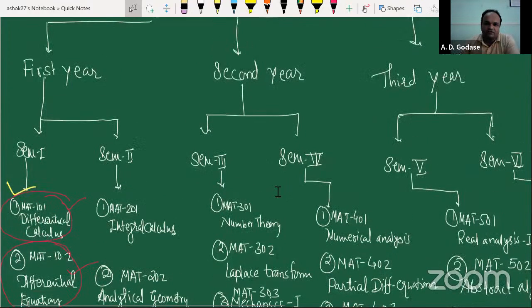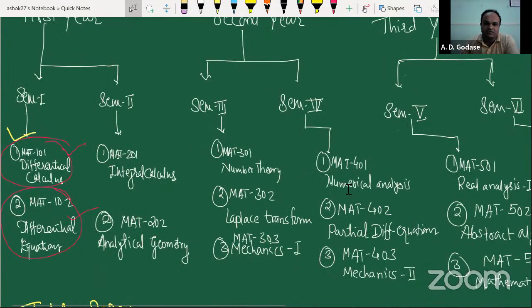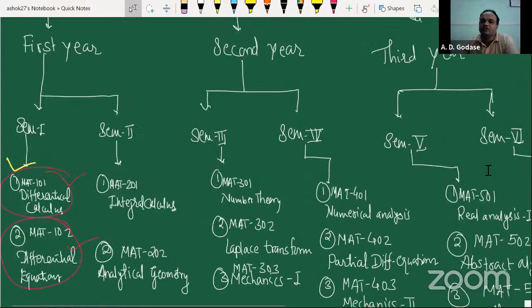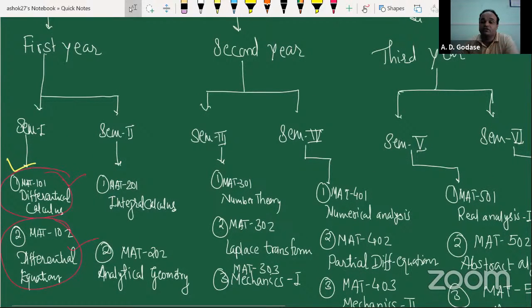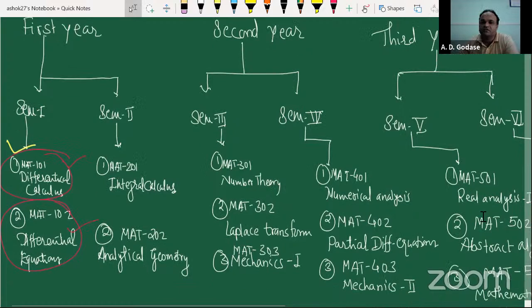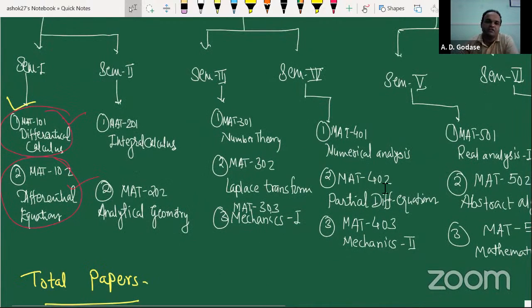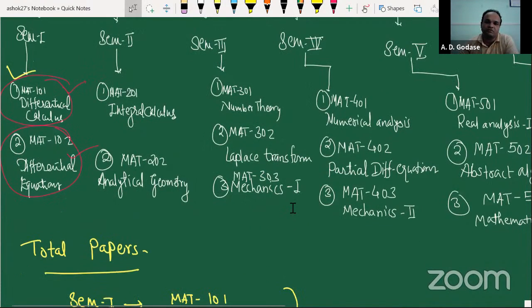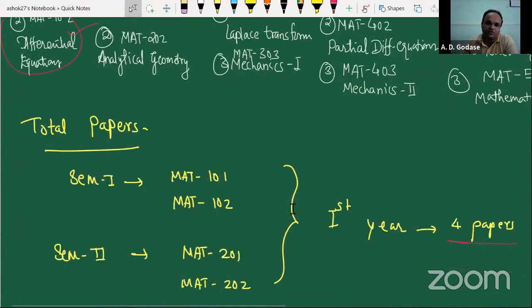In the second year, again there are 2 semesters. Each semester has 3 mathematics papers, and in the third year there will again be 2 semesters, and each semester will have 3 mathematics papers. So in total there are 16 mathematics papers for this BSc course.